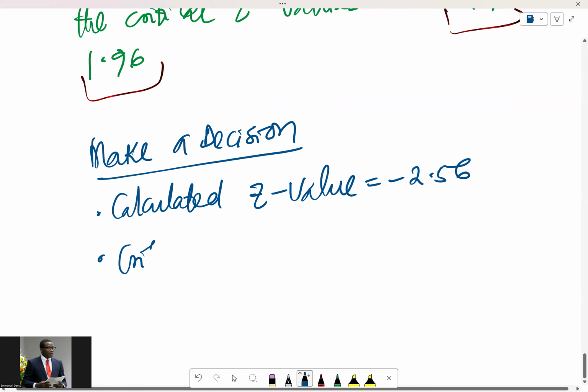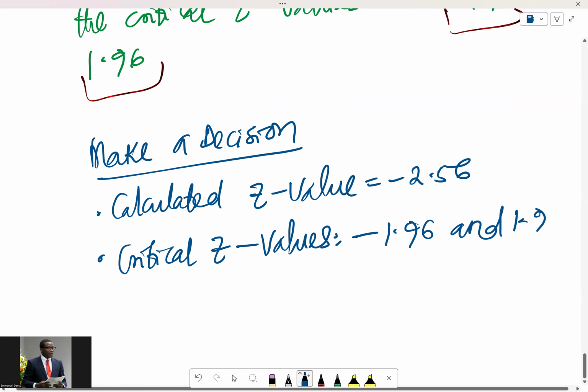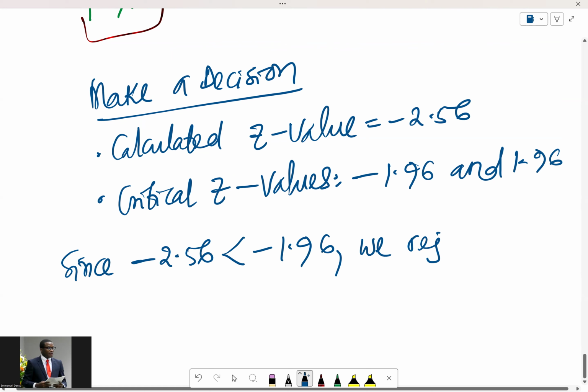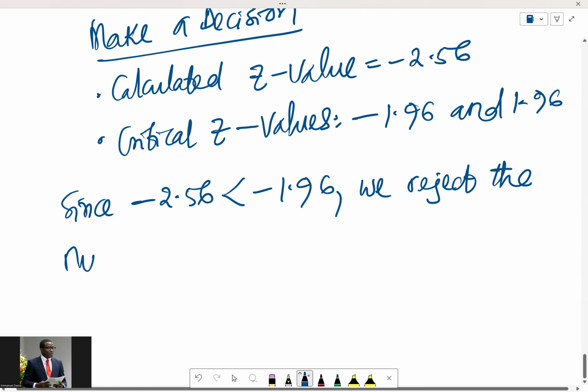And then we know that the critical Z values from the table are minus 1.96 and 1.96. So we now say, since minus 2.56 is actually less than minus 1.96, then we reject the null hypothesis.